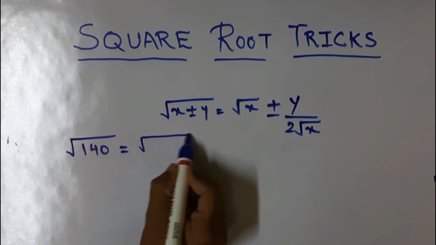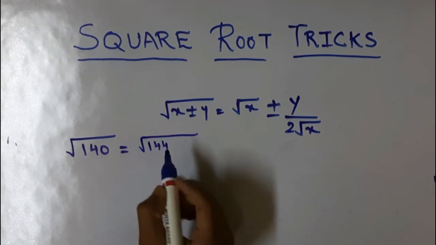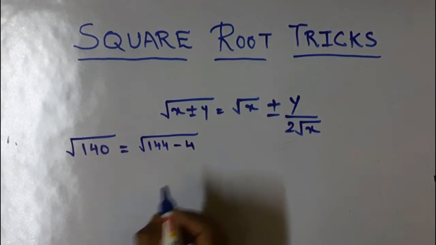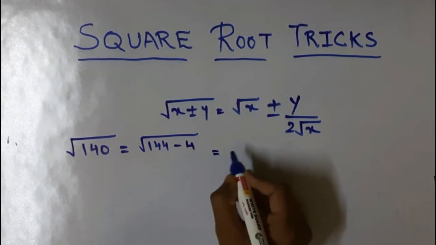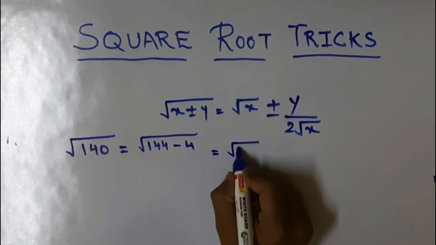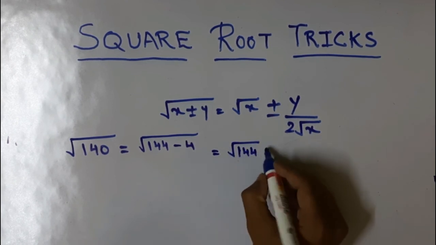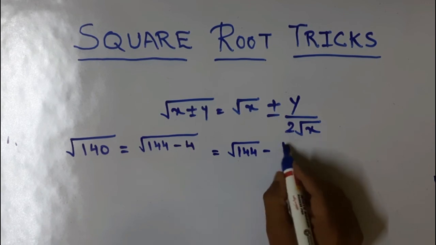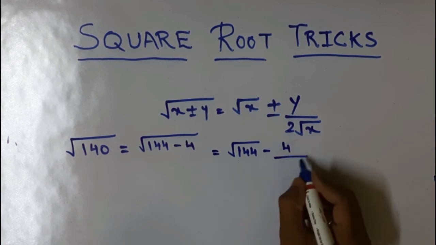Therefore we can break it as 144 minus 4. It will come to root 144 minus 4 by 2 into root 144, because y doesn't have a root, we put just 4.